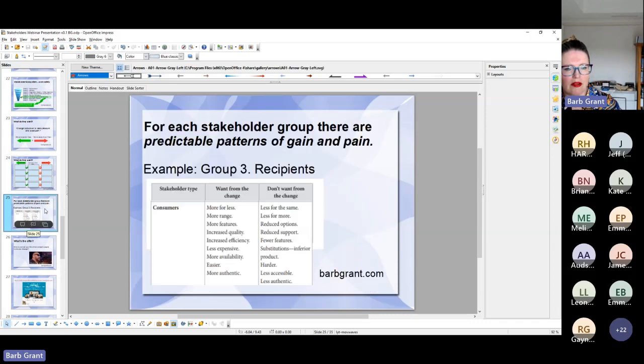And again, just a bit of a slightly blurry screenshot reference back to the book, which actually goes to the next layer. After I'd been working as a change manager about 12, 13 years, I realized that there are very predictable patterns around this gain and pain for each of your key stakeholder groups.